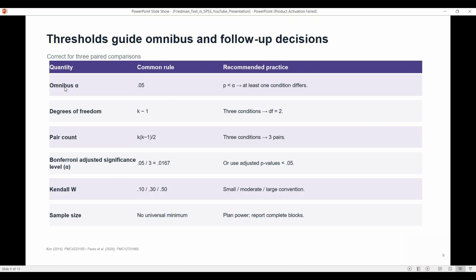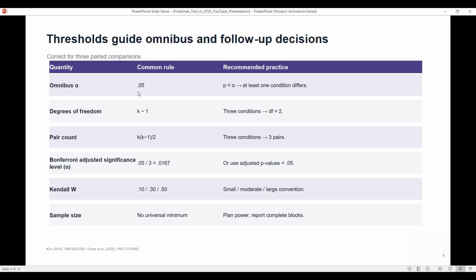You can see the omnibus alpha value should be lower than 0.05. So our p-value should be lower than 0.05 so that we can confirm the rejection or acceptance of the null hypothesis. Then degrees of freedom, pair count, and the most important, the Bonferroni adjusted significance level.